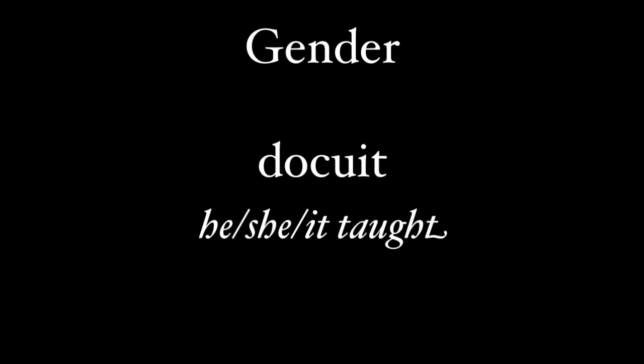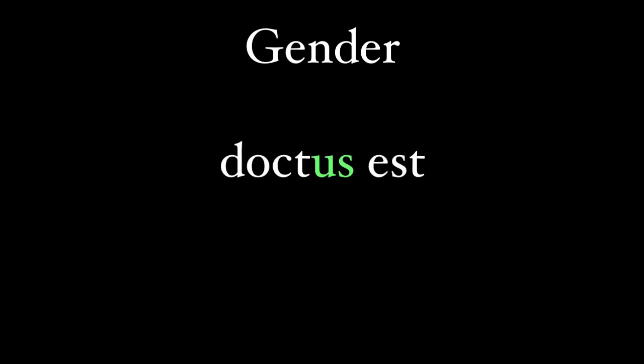Fantastic. And my last point is this. With passive verbs in the perfect system, we automatically know the gender of the subject. So here, let me illustrate. The active perfect verb docuit is translated he, she, it taught. And we would use the exact same word, docuit, for every subject, male, female, or neuter. But in the passive, we specify the subject's gender.